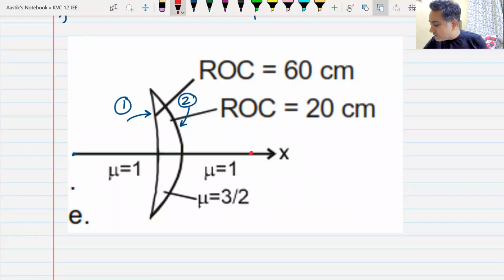Now the object is placed here, let us say. Let me take that blue thing away. Now the object is placed here. This is surface number 1. Is the radius of curvature positive or negative?